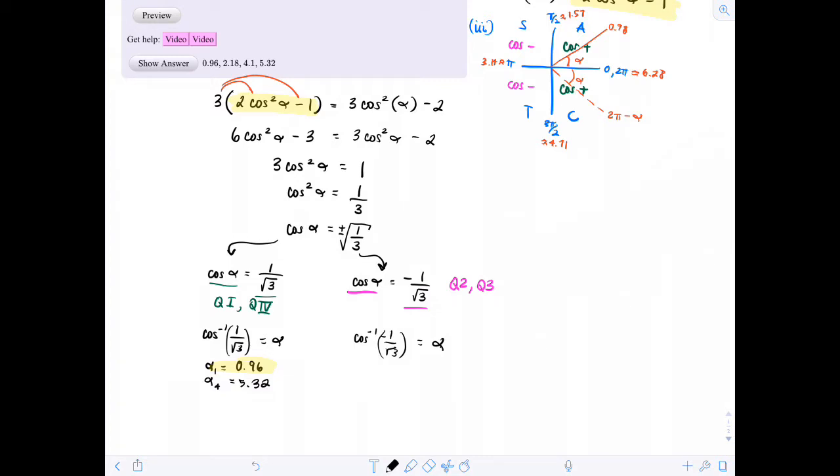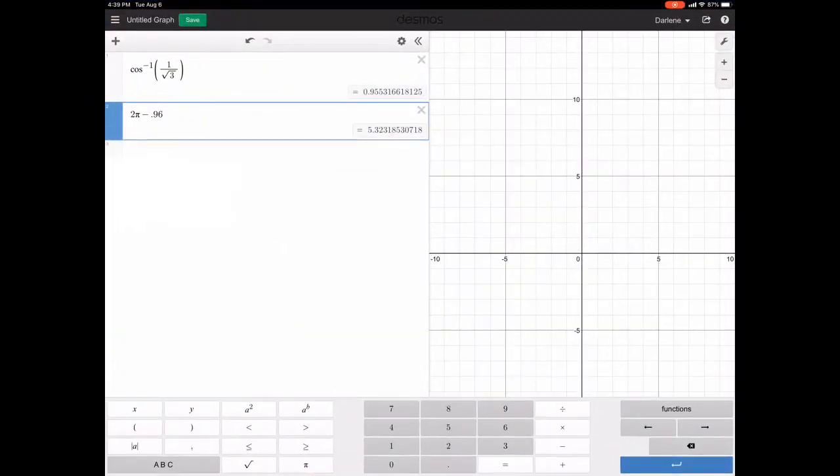Let's go ahead and take the inverse cosine of negative 1 over square root 3. So I'm going to go up here to the first one and just add a little negative here. And you can see that it gives me 2.186, and then I'm going to round to 2 decimals, 2.19.